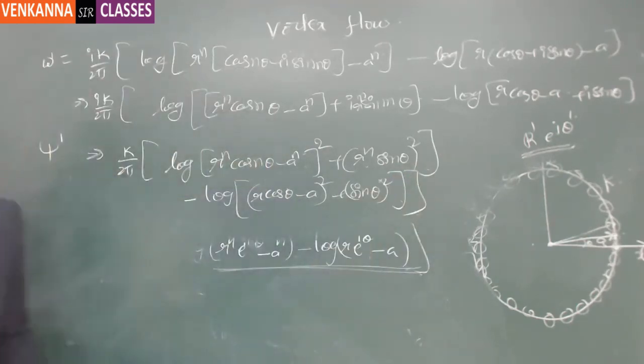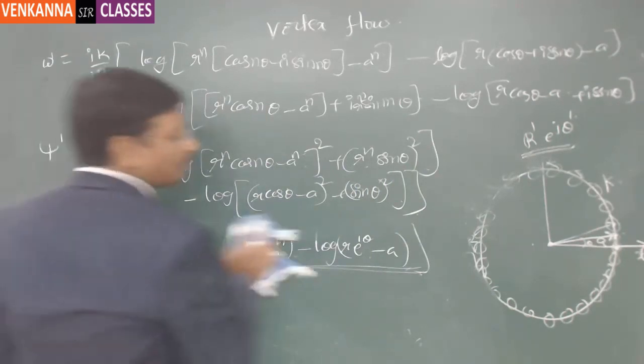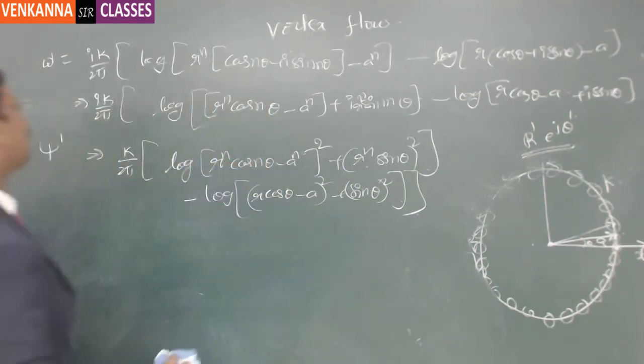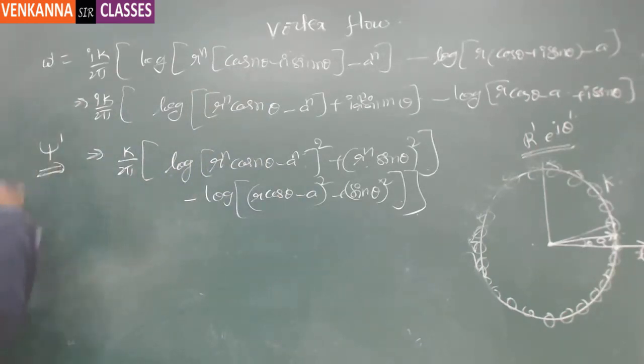So this is how you will separate the real part of this, and from there the multiplication of i will be the imaginary part of this. This is nothing but the stream function.